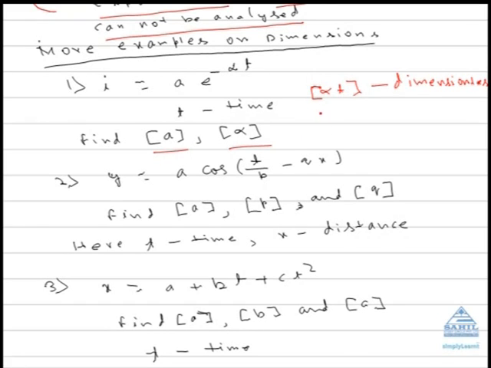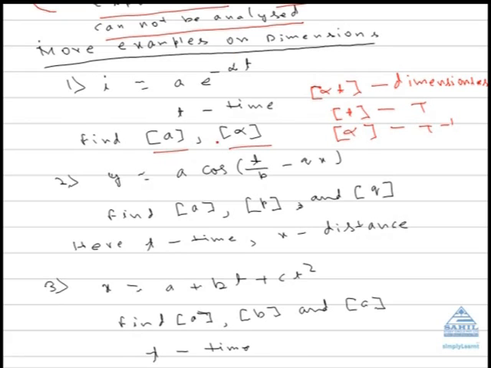Now t is time, so the dimension of t is T. So the dimension of alpha should be T minus 1. Again, e to the power minus alpha t is a dimensionless quantity.